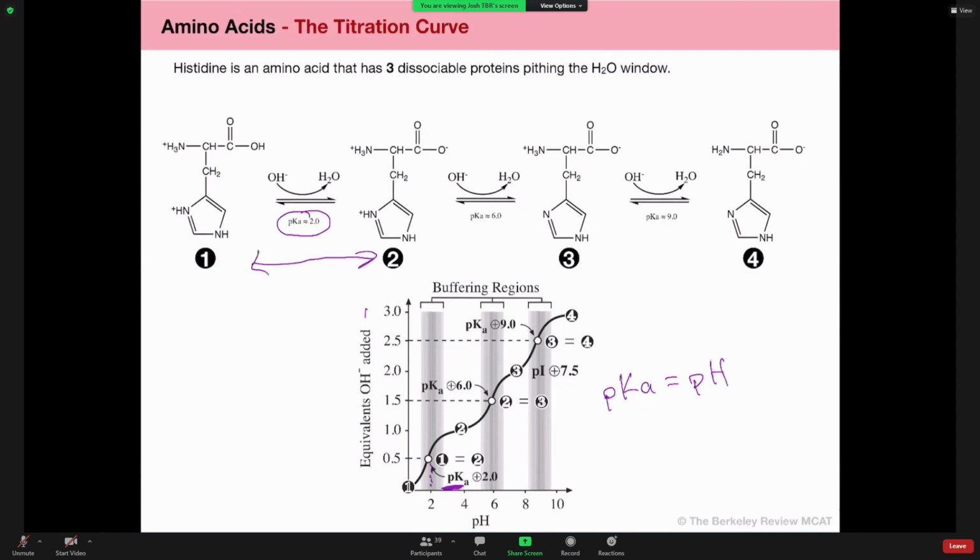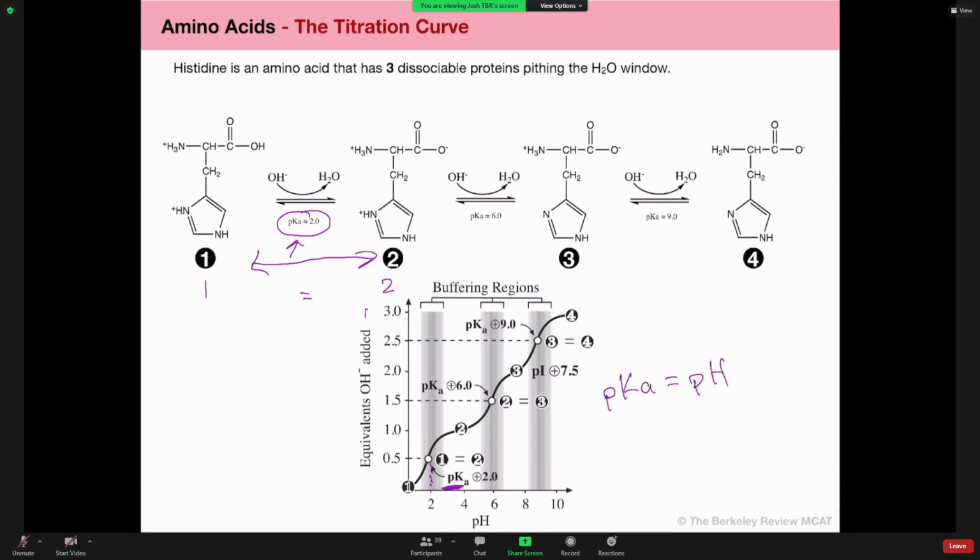In other words, there's going to be equal parts of 1 and 2 at a pH of 2 if the pKa is 2. Do you see that here? I'm going to slow down for a sec. When the pKa is equal to the pH of the solution, you're going to have equal concentrations of the species on either side of that pKa value given here, pKa 2.0.